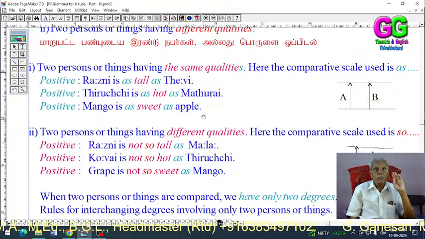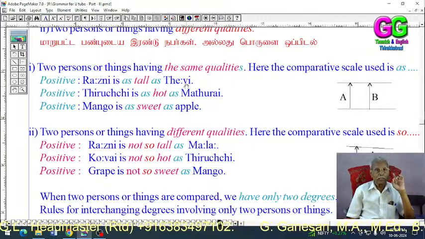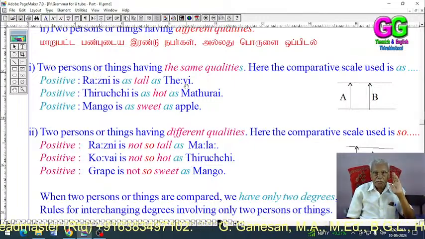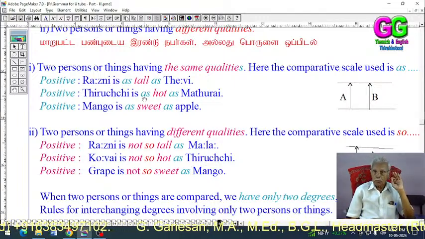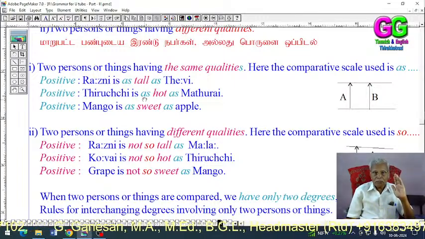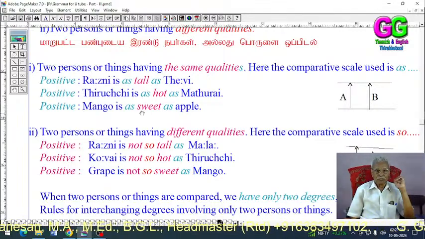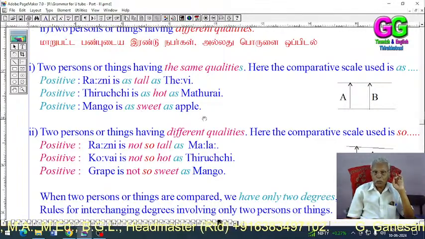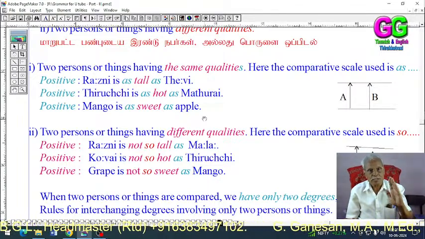Here, it means both Ronnie and Devi have the same height. Both Madurai and Trichy have the same hotness. And mango and apple have the same sweetness.